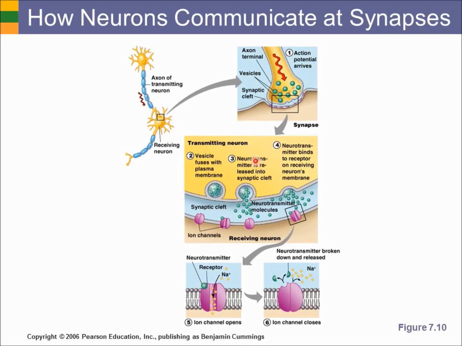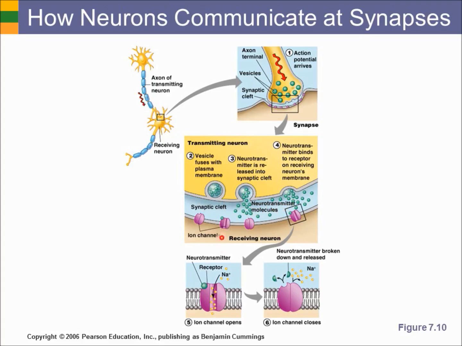When it gets to the axonal terminal, it's going to stimulate the release of a substance called a neurotransmitter. There are lots of different neurotransmitters, but the one we know the most about is called acetylcholine. Acetylcholine gets released into this synaptic cleft. That's what these little green things are.